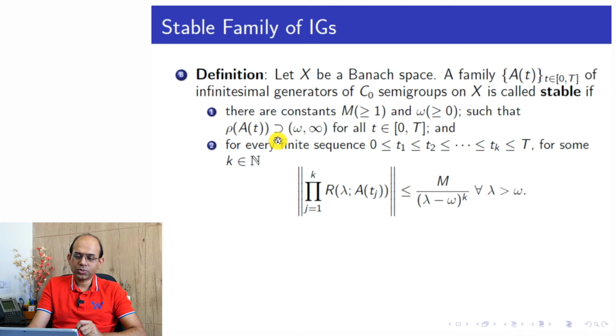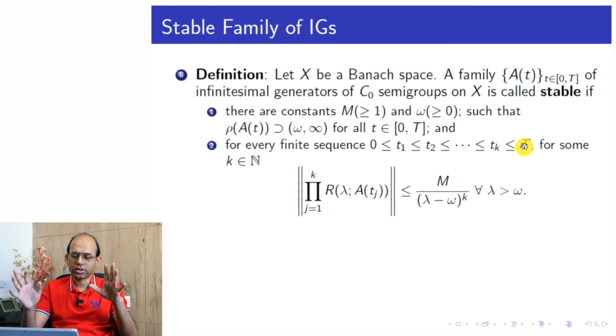Okay, this is one condition. Another condition is that for every finite sequence t1, t2, ..., tk, where k is some natural number and t1 ≤ t2 ≤ ... ≤ tk ≤ T, so between 0 and T we are considering a partition, some finite increasing sequence, we construct this product.